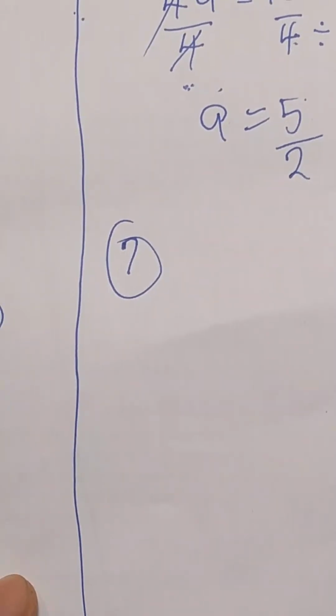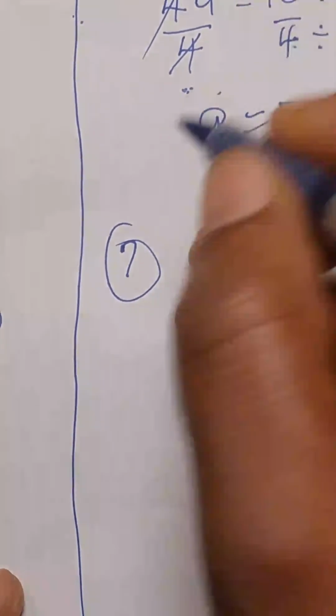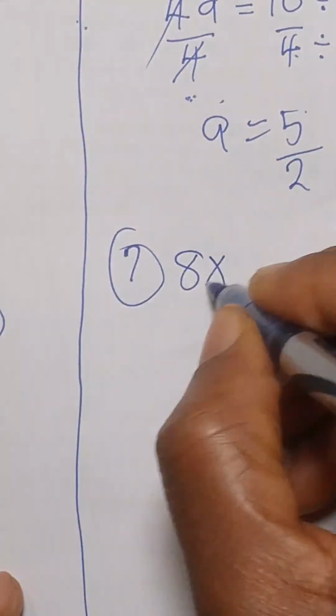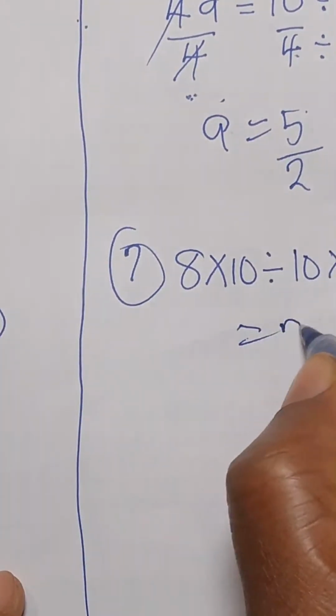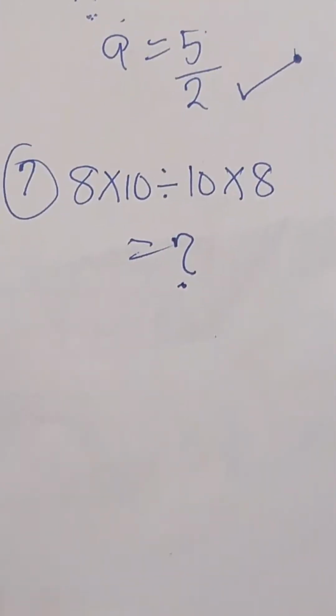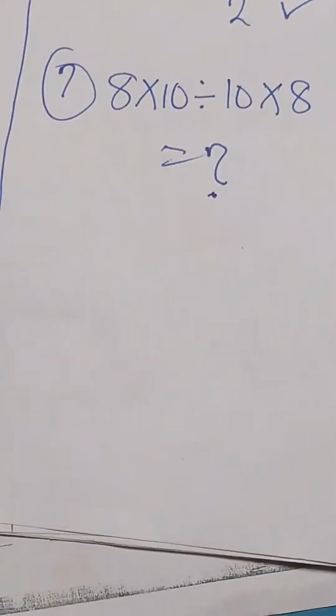So the next question is, we have 8 times 10 divided by 10 times 8. So we have 10 divided by 8 and 8 divided by 10 is equal to what?